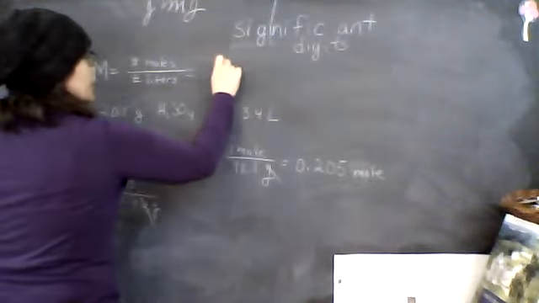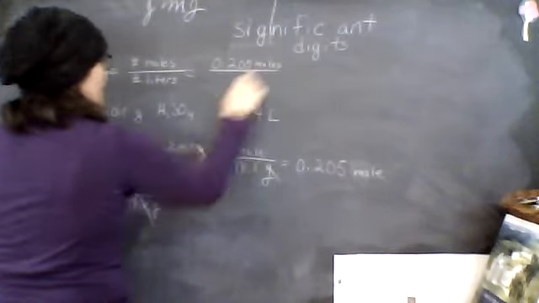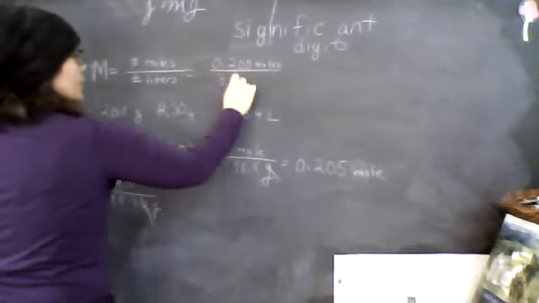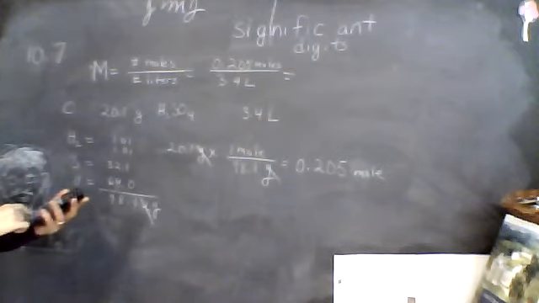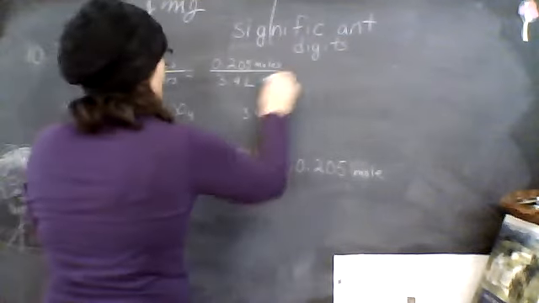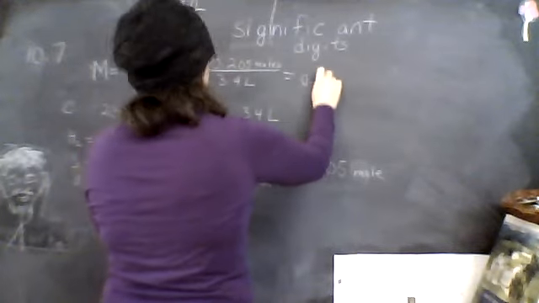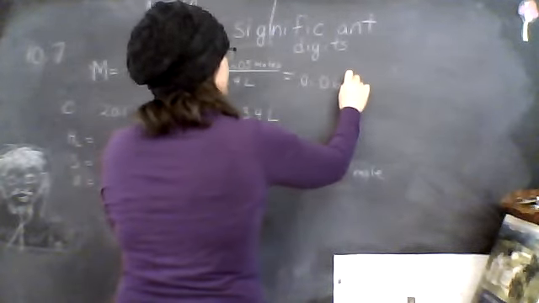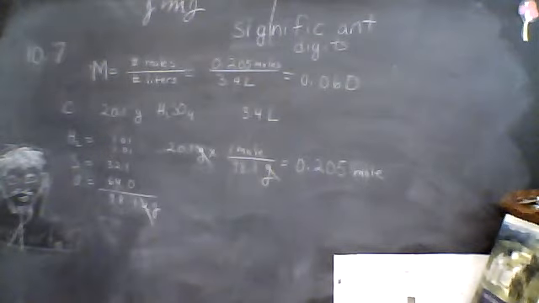We say that 0.205 moles divided by 3.4 liters gives us, typing in my handy calculator, and we want 2 significant digits, 0.060 molarity.